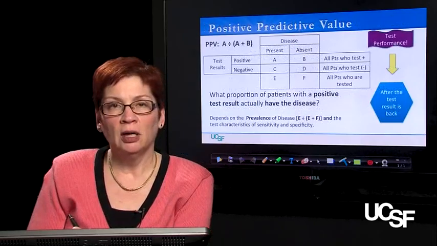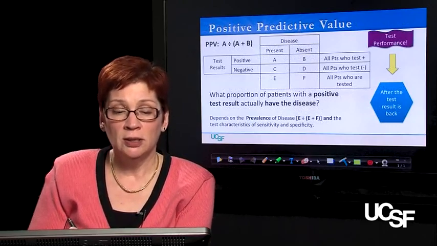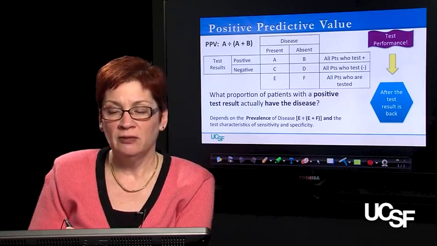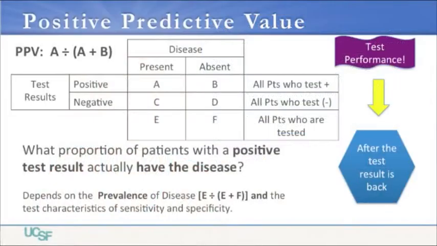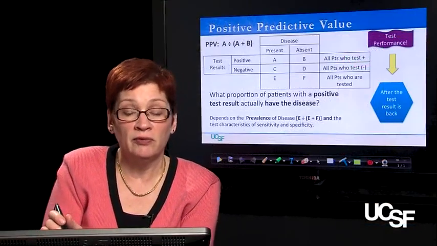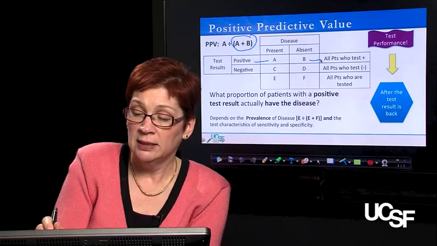To get at the answer of what a positive test means in my patient, we need to use the statistic positive predictive value. Positive predictive value answers the question, what proportion of patients with a positive test result actually have the disease? So all of them who have a positive test result is A plus B, remember? That's here.